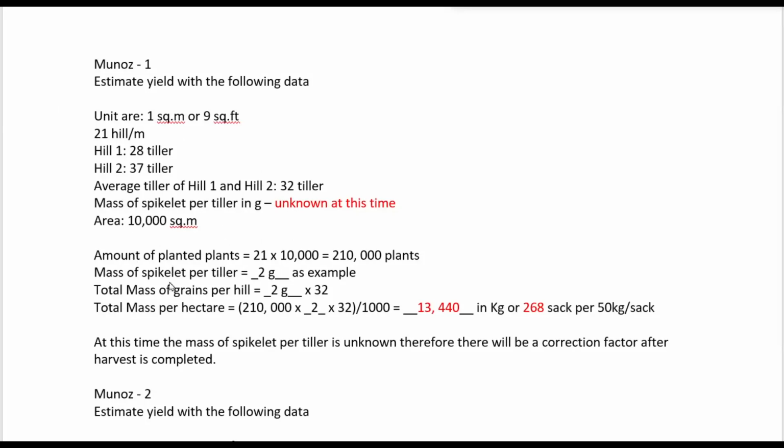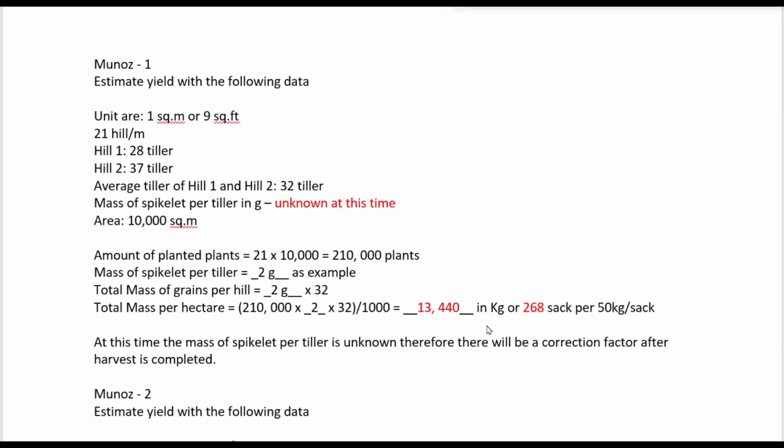Quite frankly, I'm using 1 hectare just for ease of computing. So 21 hills per square meter, and there are 10,000 square meters, then it's 210,000 plants. Going through the motion of multiplying, 210,000 times 2 grams times 32 tillers divided by 1,000 gives you 13,440 kilograms, or 268 sacks per hectare.